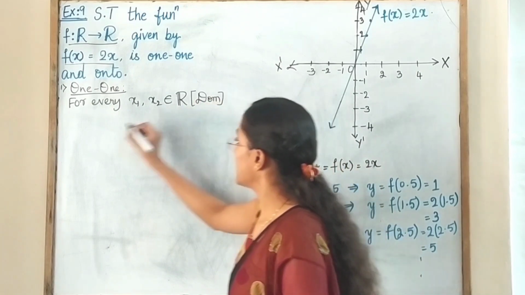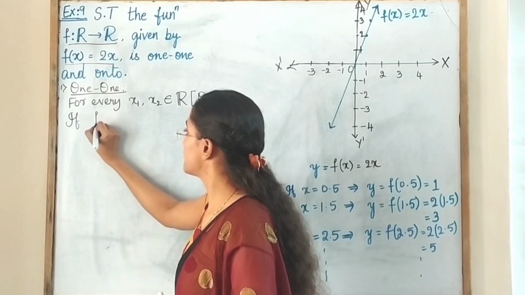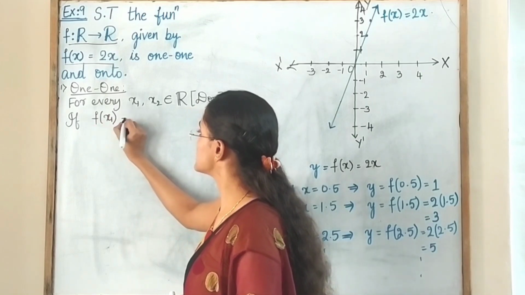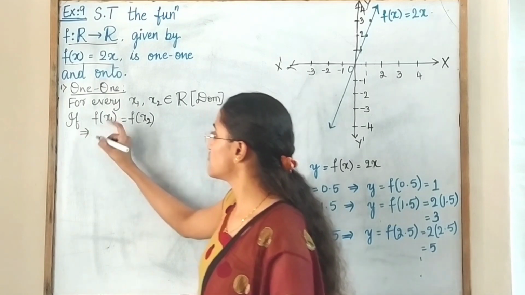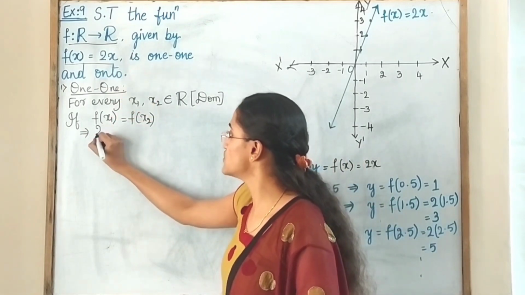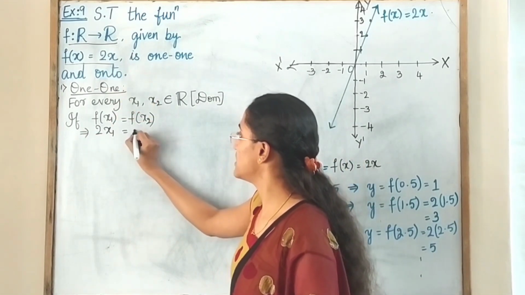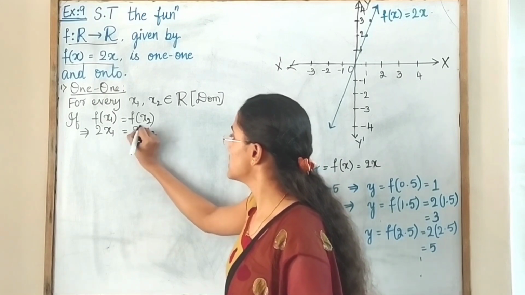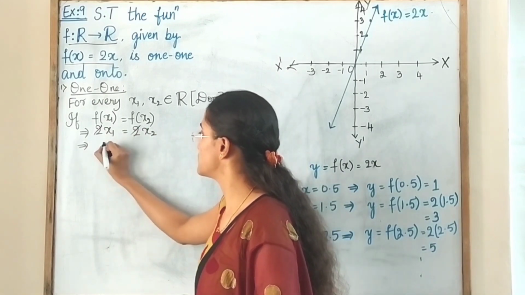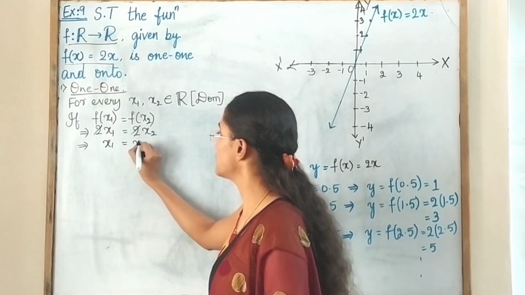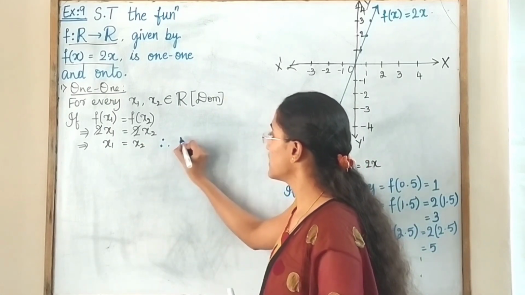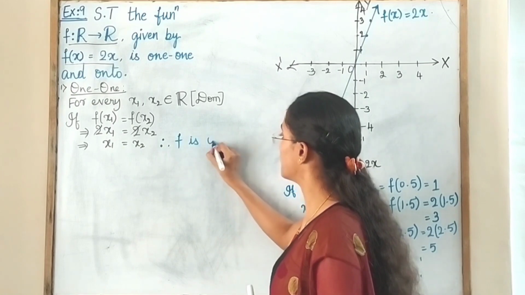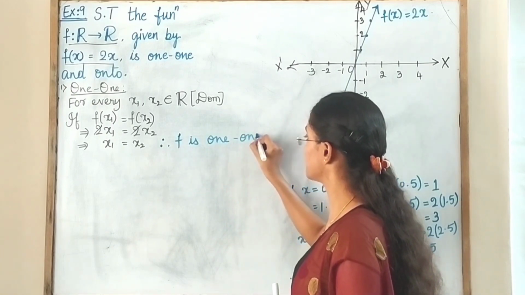Then if f of x1 is equal to f of x2, this implies that 2x1 is equal to 2x2. 2 gets cancelled and you will be left with x1 is equal to x2. And hence you can now conclude that therefore f is a 1-1 function.